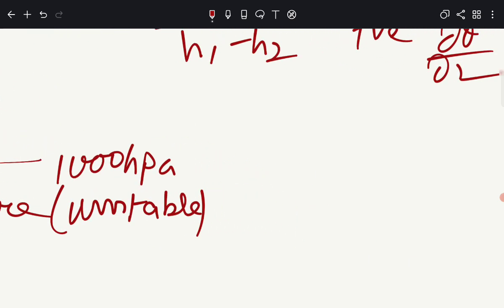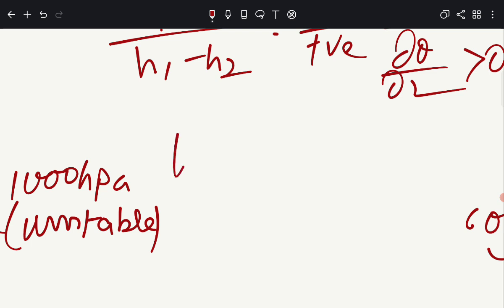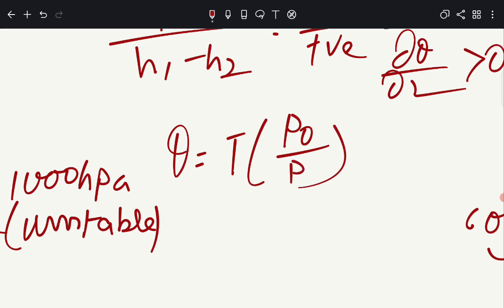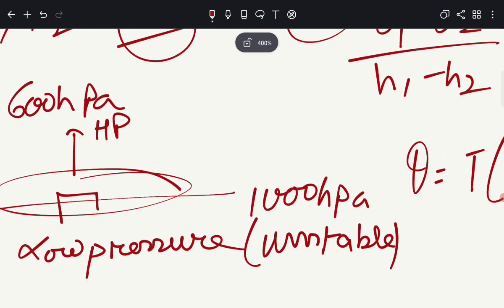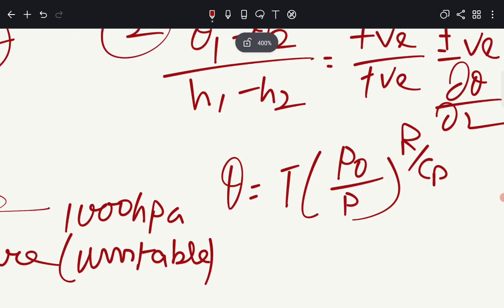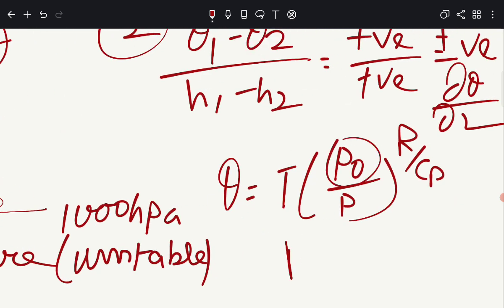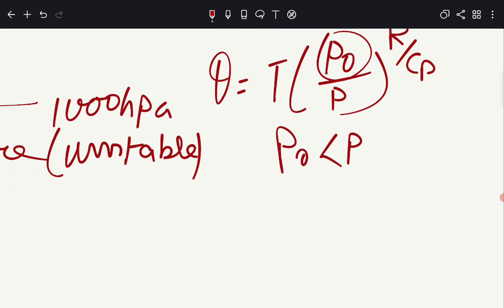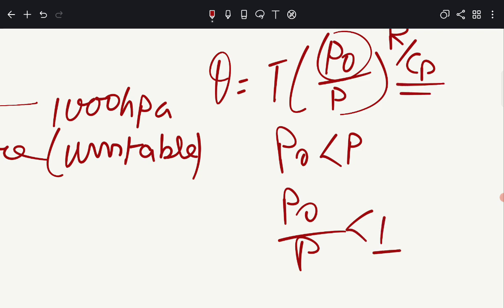Now, if we go back to the normal formula, we have (P0 by P) to the power R by Cp. If we have low pressure over here and high pressure there in the up, then P0 is less than P, so P0 by P is less than 1, and this exponent is a constant.